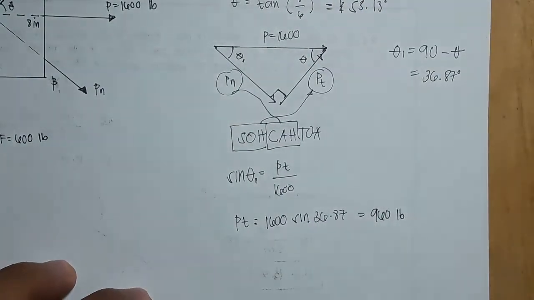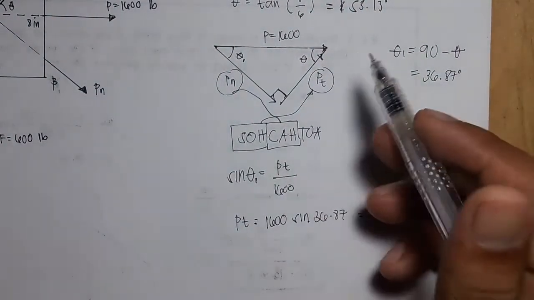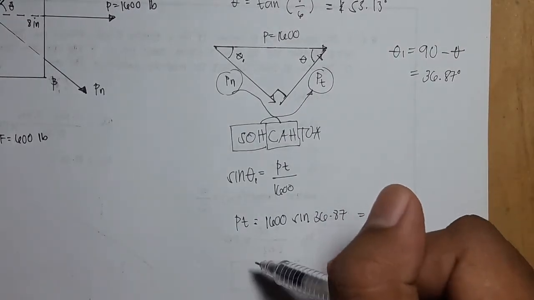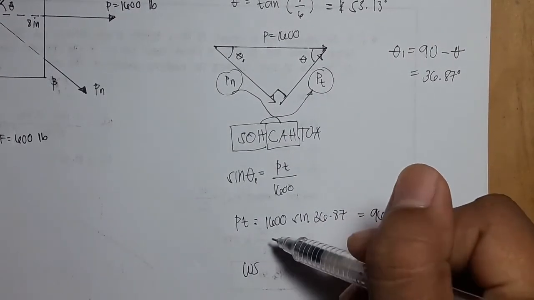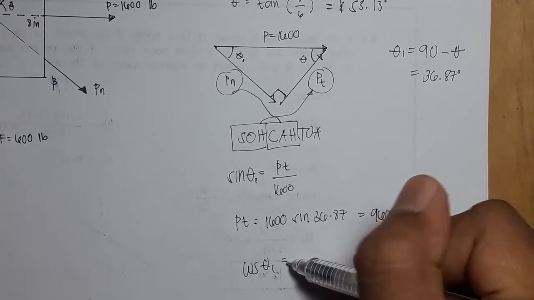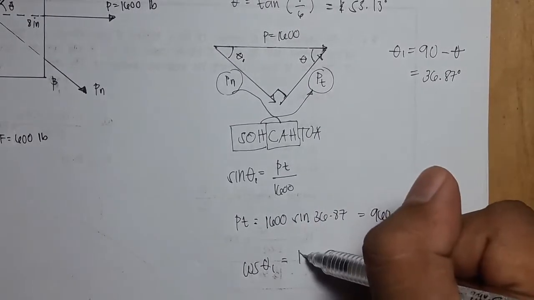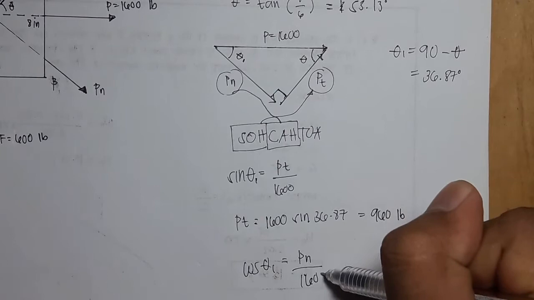We would use the cosine function to solve for PN. So PN, cos theta 1 is equal to PN over 1,600.